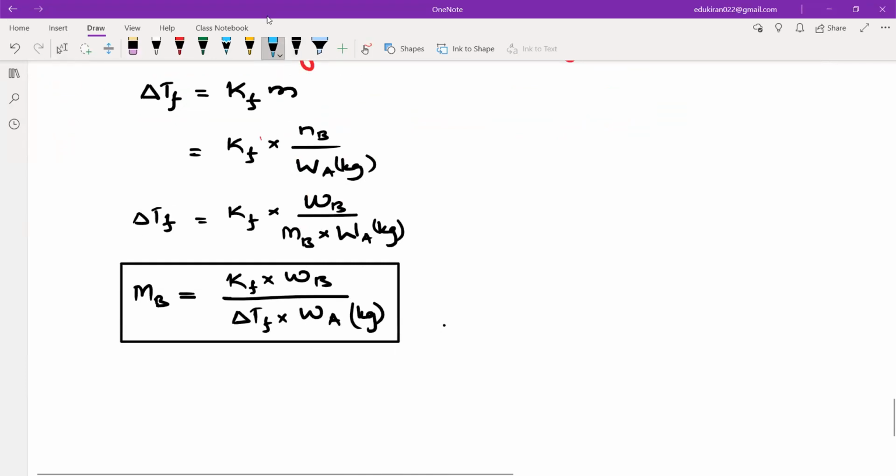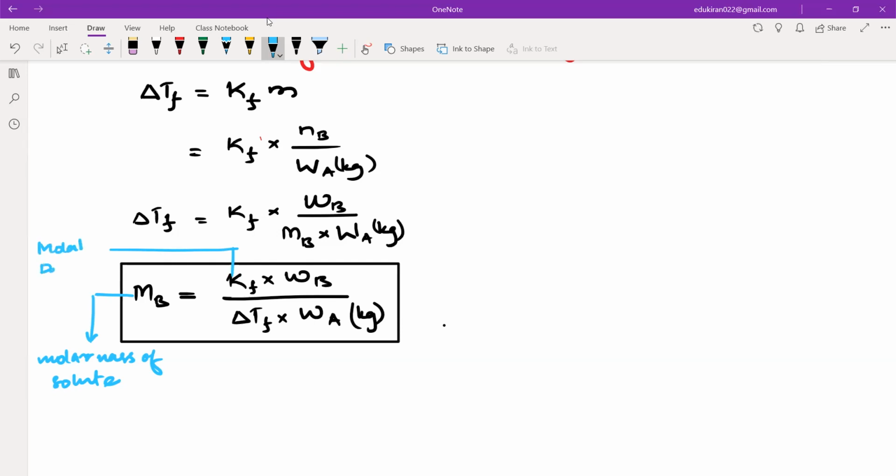Here, what is MB? MB is the molar mass of solute. What is Kf? Kf you all know, it is the molal freezing point depression constant.